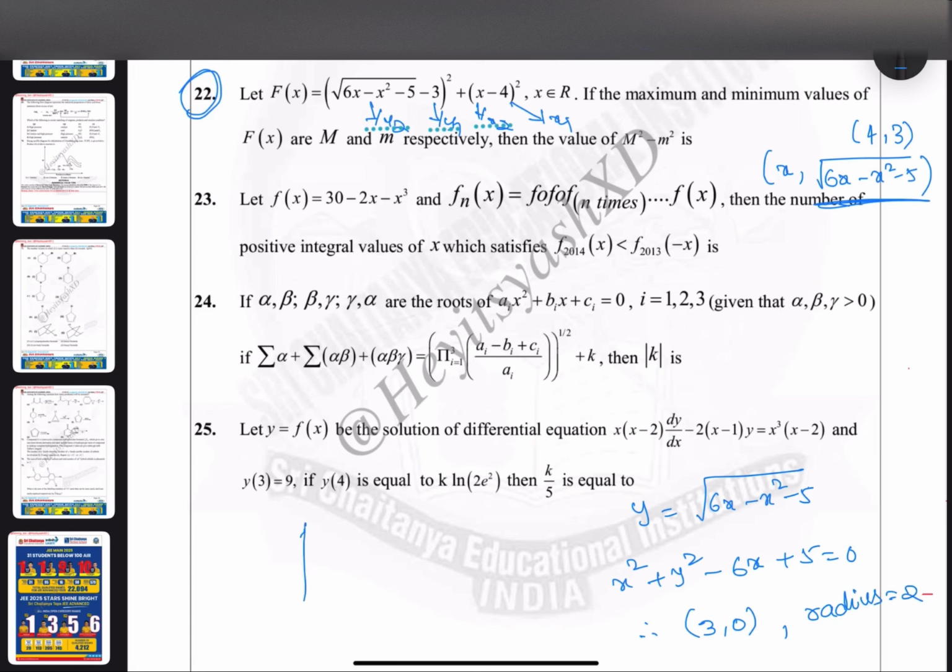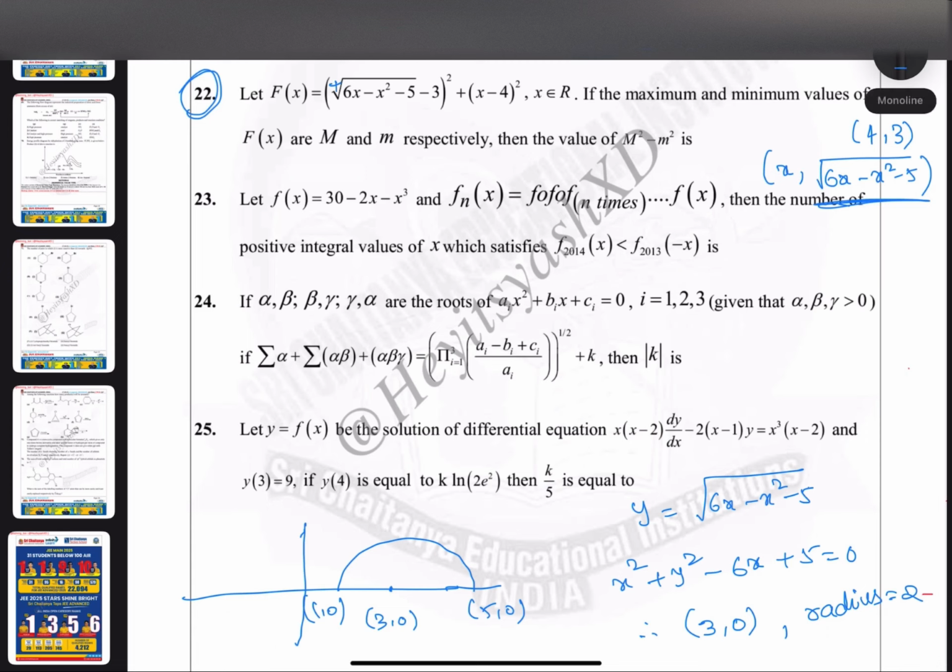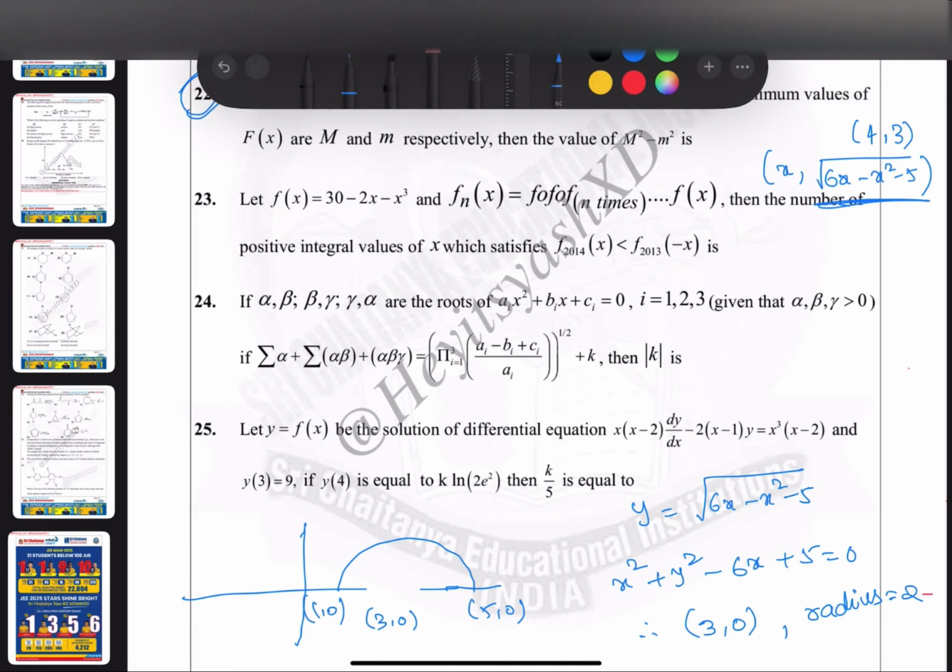All right. So let us draw the circle. So this is 3 comma 0. This is 5 comma 0. This is 1 comma 0 since we know the radius. To be specific, since only the positive value of the square root is given, you have to take only the upper semicircle. But when you do that, you will not get a good numerical value.